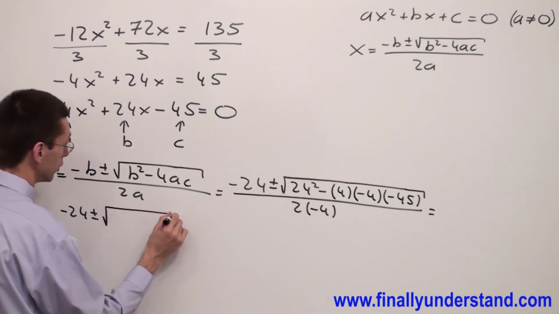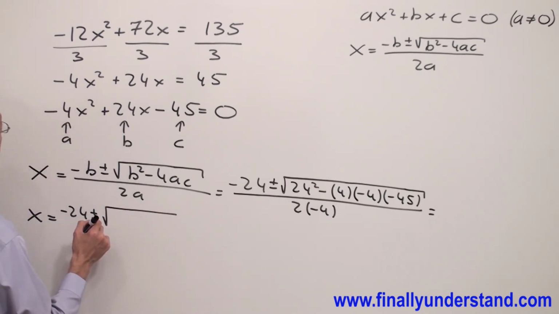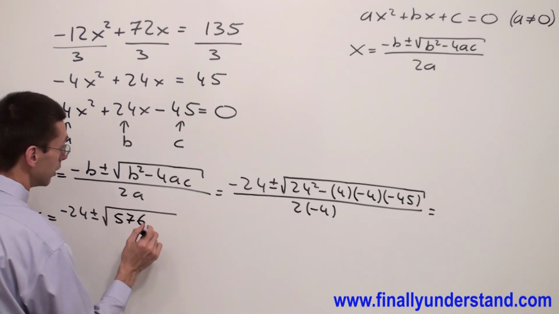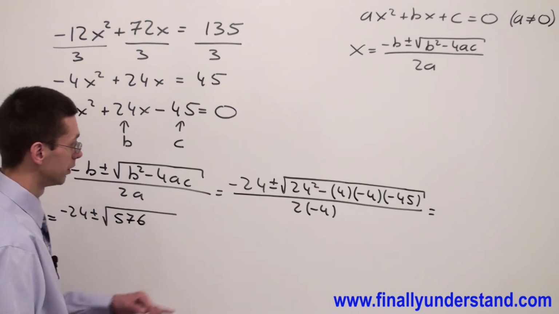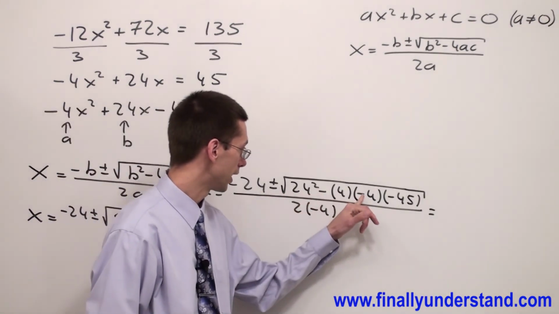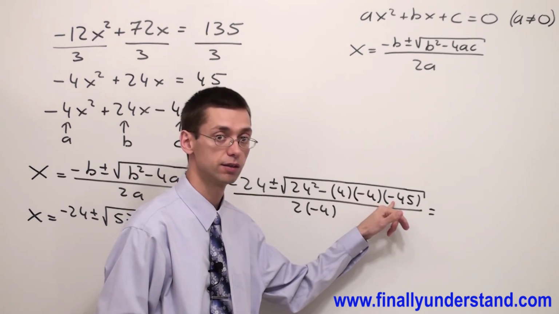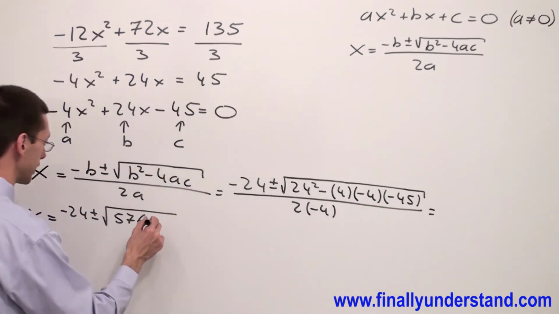the square root of 24 squared, which is equal to 576. Now we have negative times negative will give me positive. Positive times negative gives me negative.